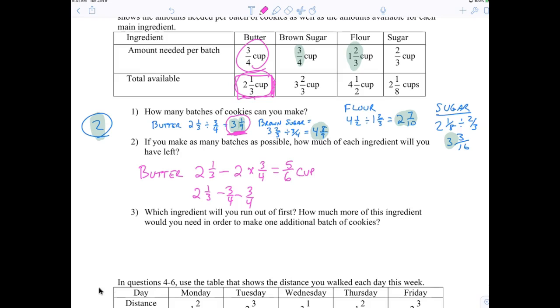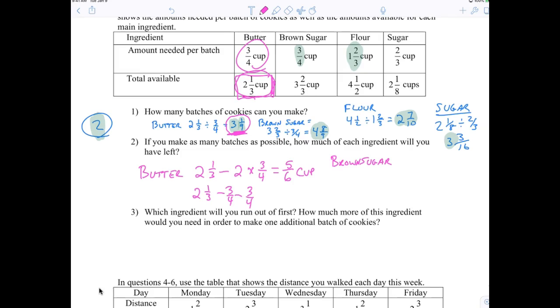Now I need help with the brown sugar. So I want someone to tell me the operation for brown sugar. What do I do? Remember, I'm taking 2 batches. And listen to me. Go ahead.